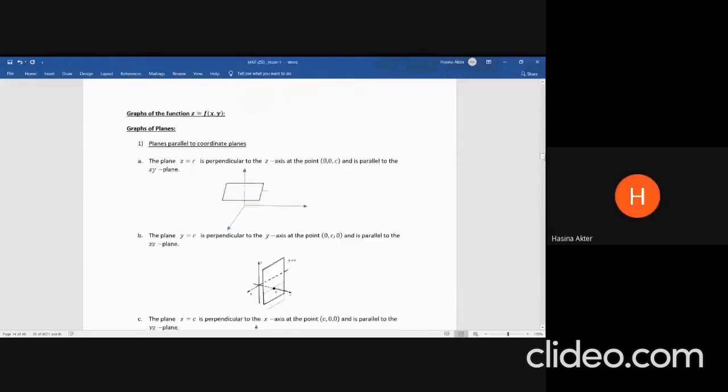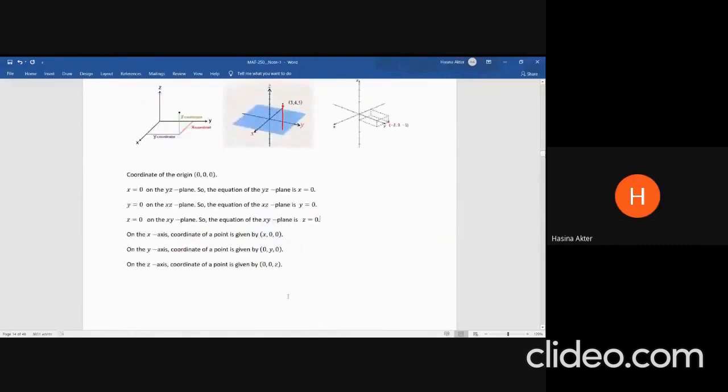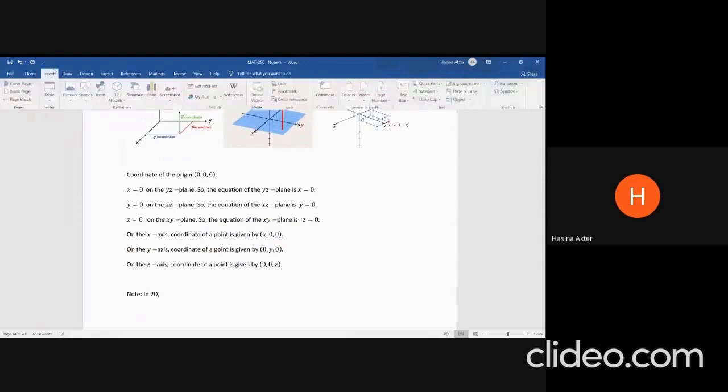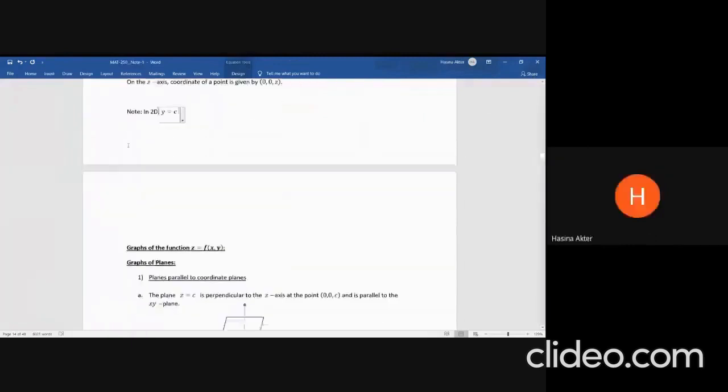The next thing is that if you consider two dimensions, now look at this thing. In 2D, if I say y equals c, sorry, Baba, don't you see that line?